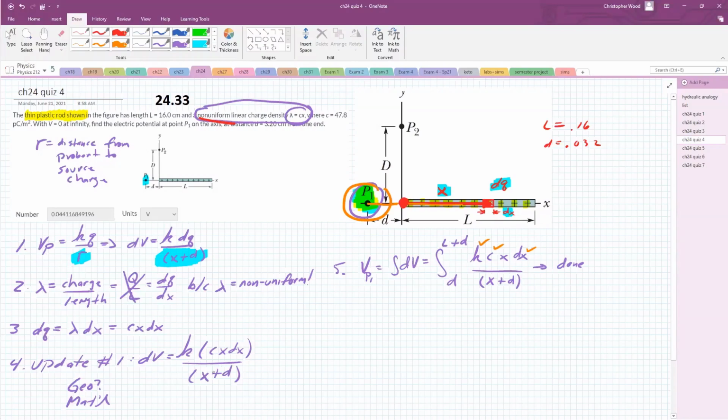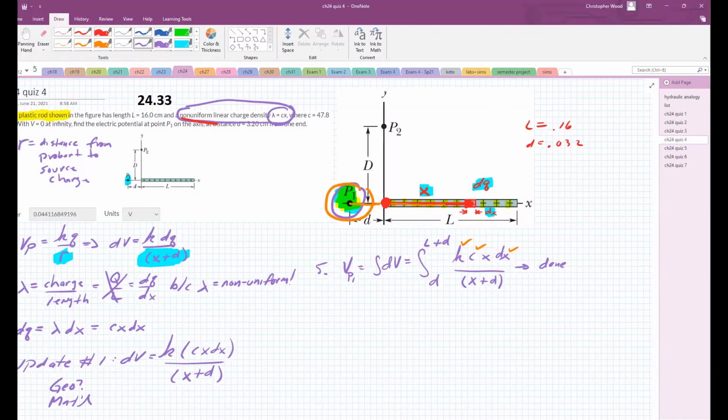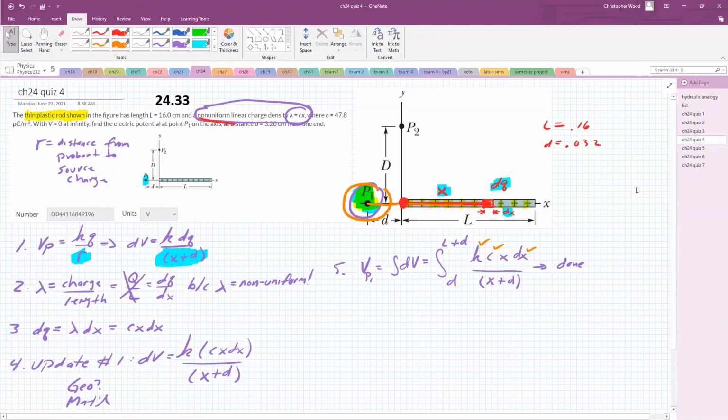K C X dx over X plus D. All right, good catch. Let's get this answer correct and point out any other mistakes you see. That one was not intentional. Neither was the first one. But going forward, I'm all about making mistakes and all about having you guys find the mistakes.